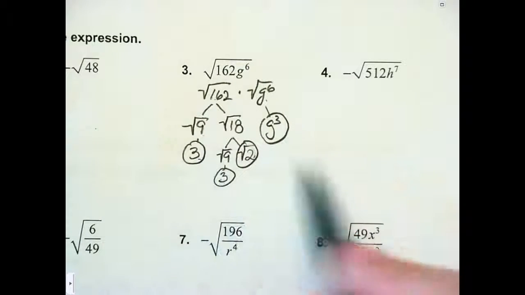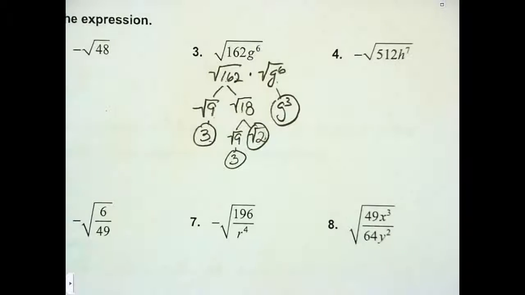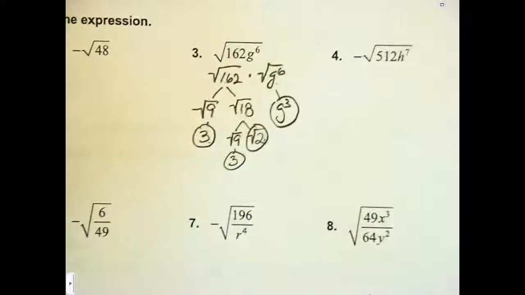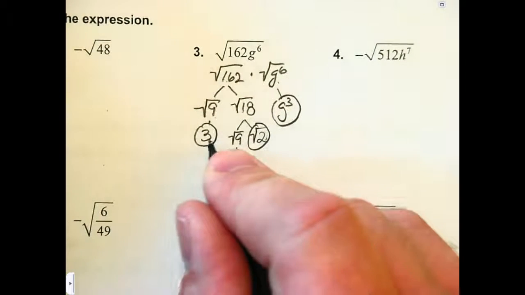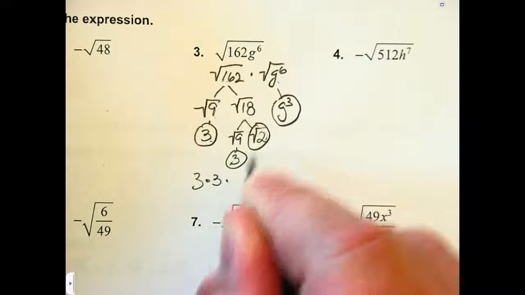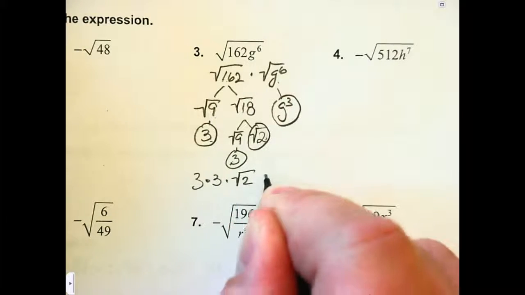Okay, I want you to write your final answer down, please. Would it be times 3 or plus 3? Okay, so final answer, we'd have that 3. They are multiplied. We have that root 2. And we'd have that g cubed.